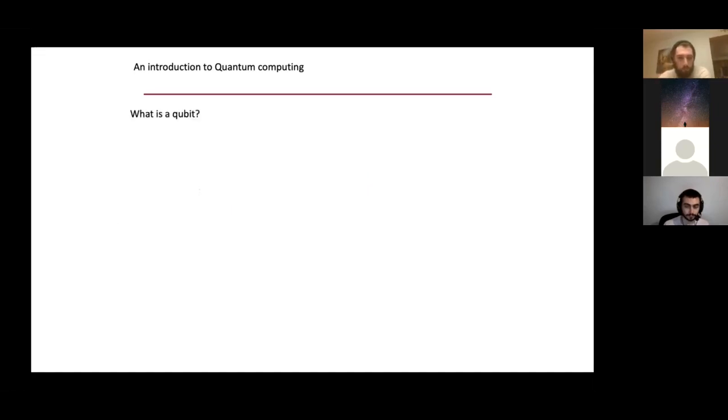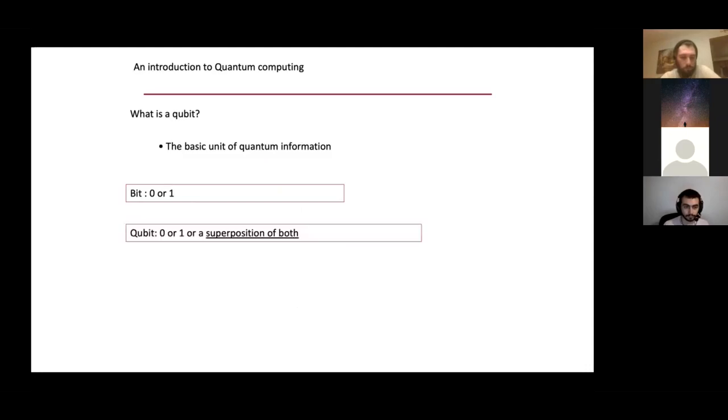And so let's talk about what a qubit is, which is basically the basic unit of quantum information. Your bit is either a 0 or a 1, which everybody knows about. And a qubit can be a 0 or a 1 or a superposition of both, which is part like half dead cat, half alive cat.